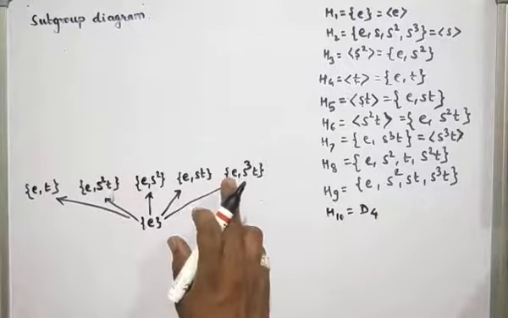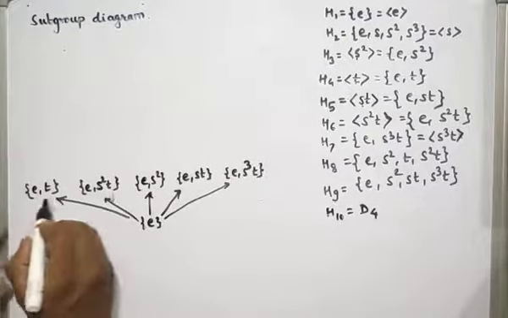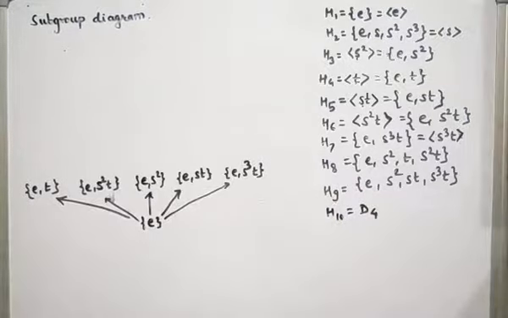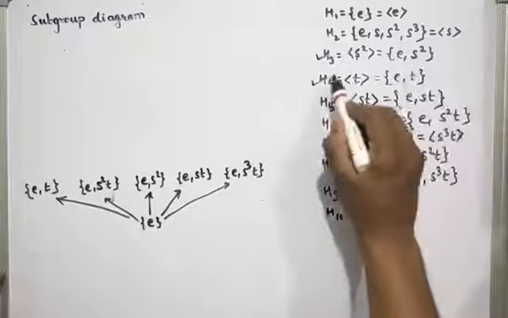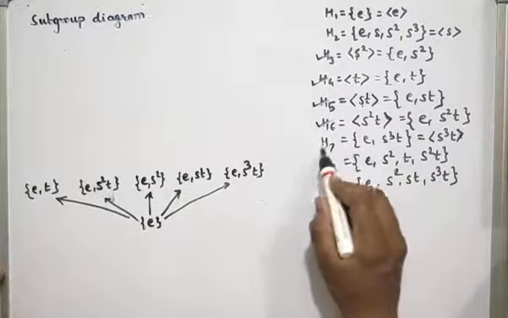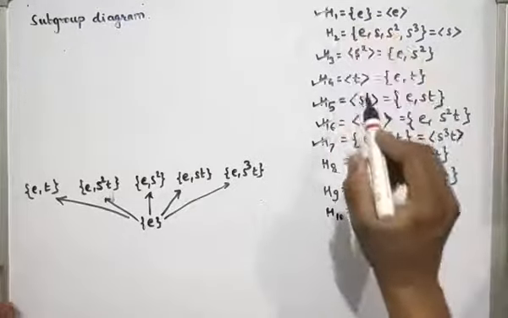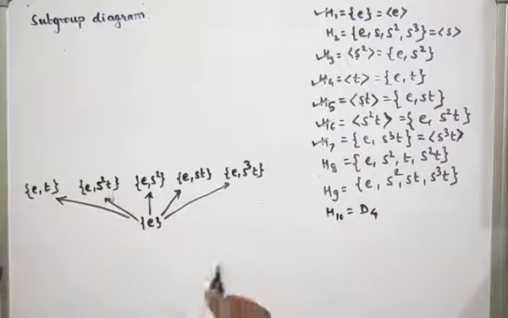Now next, we have seen identity S square, identity ST, identity S square T, identity S cube T. Now this we have done. So remaining are H2, H8 and H9.